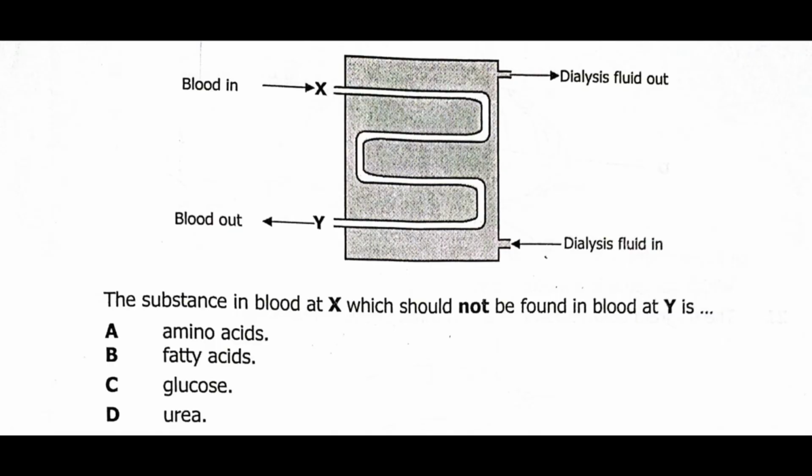Which substance in blood at X should not be found in blood at Y? The substance that we don't want here is just the waste product. So the answer is D, urea. We don't want urea, so that's the reason why we are using a machine, so that we get rid of urea.